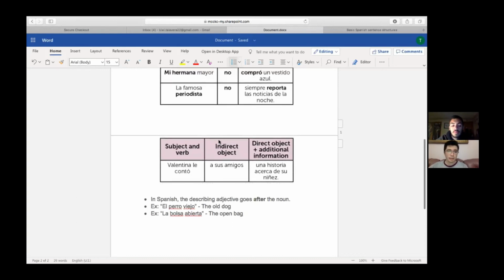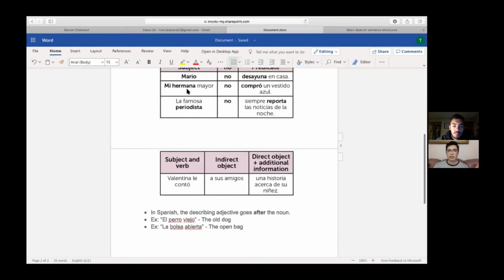Exactly. And there is something else we want to address here: in Spanish the describing adjective goes after the noun. For example, in one of the charts the subject was mi hermana mayor.